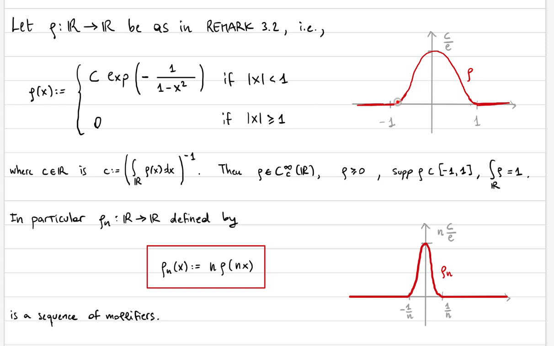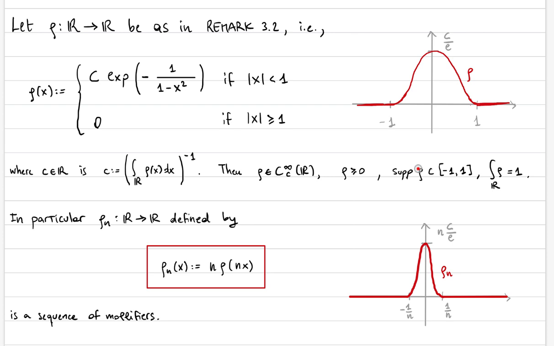And the picture is this one. This is the graph of rho. You can show that rho is C infinity, and the support is clearly given by this interval here, minus 1, 1, and rho is evidently non-negative.